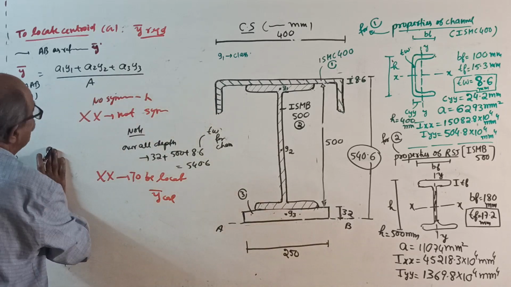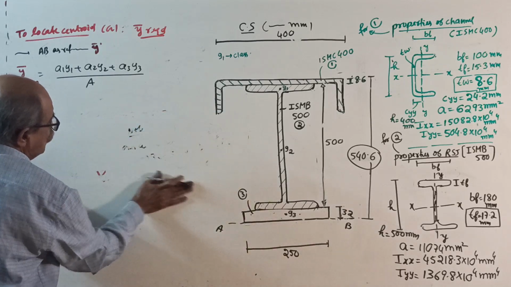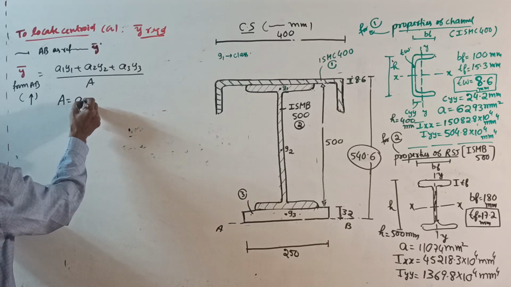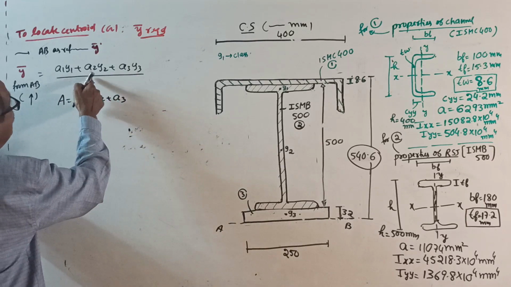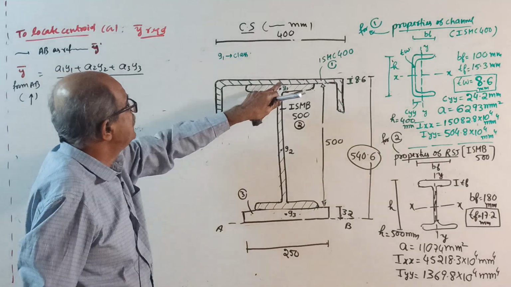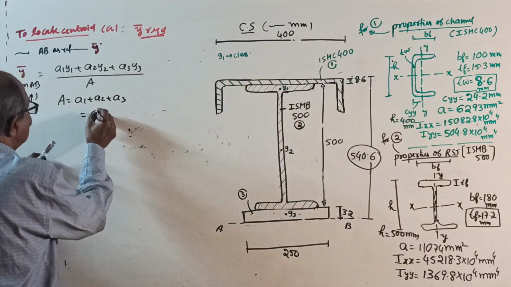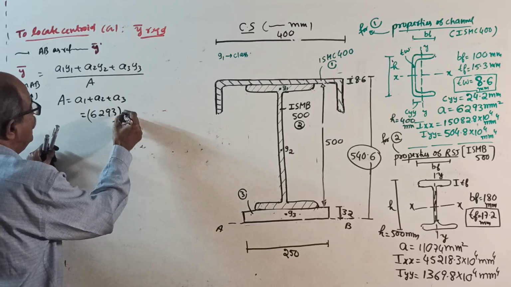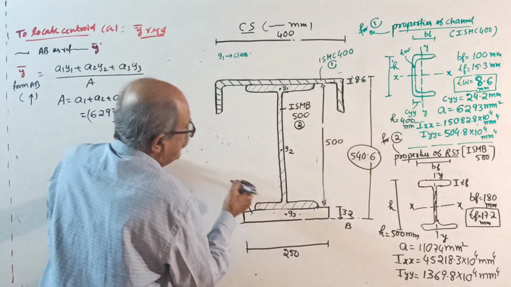area. Okay, therefore do one thing. Before you start calculating, first find the total area. Calculate the total area. Total area is A1 plus A2 plus A3, because you require it later also. A1, area of the channel, see here, 6293. 6293 is the area of 1. A1 means first one, plus A2, area of the I section, 11074.